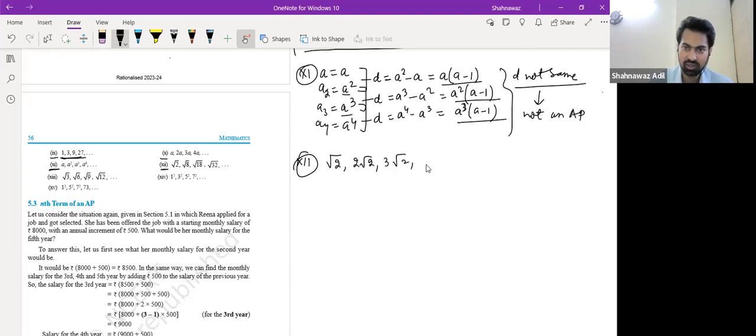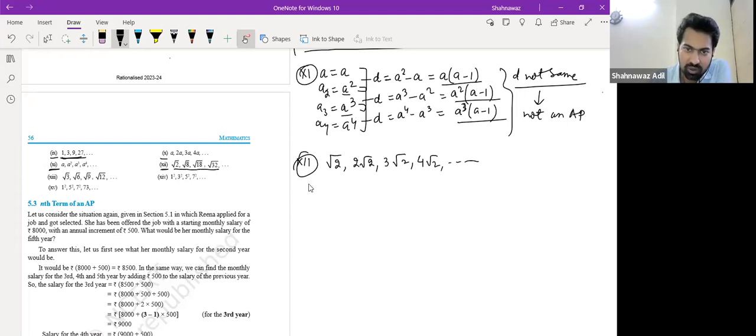And this is how much? 4 root 2. Yes, correct. So we needed to simplify these ones. That was the whole idea.